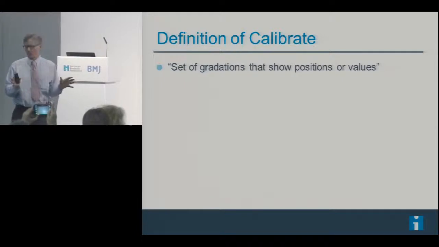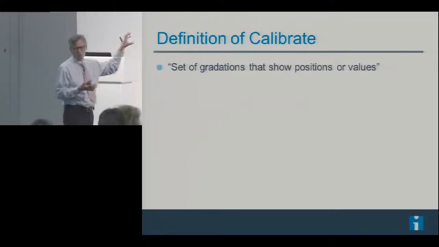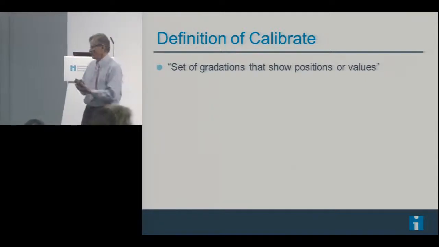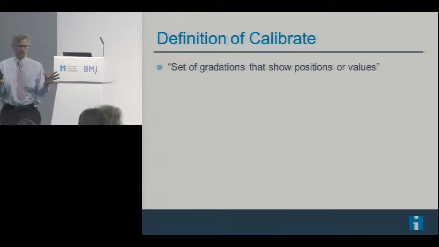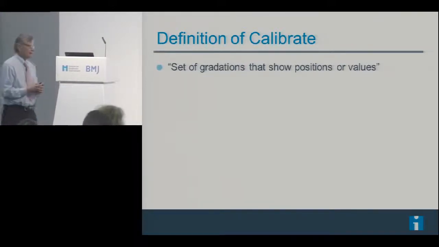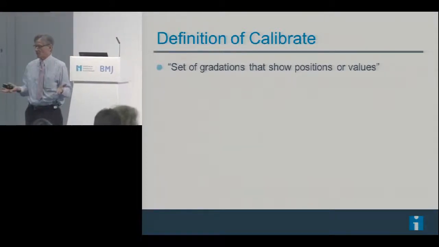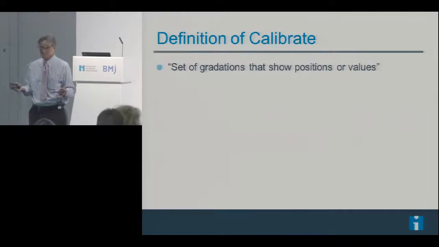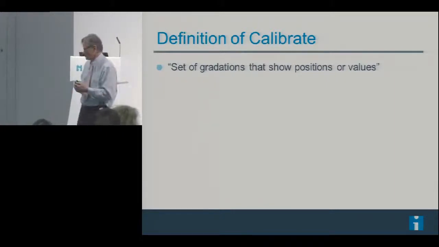We're calling it calibrations. Now, a calibration is something that shows your position or value. And we think that there are two major calibrations that we've been working through in the last decade. And unfortunately, safety hasn't improved very much in our hospitals, in spite of the fact that we've been working diligently on these two calibrations.